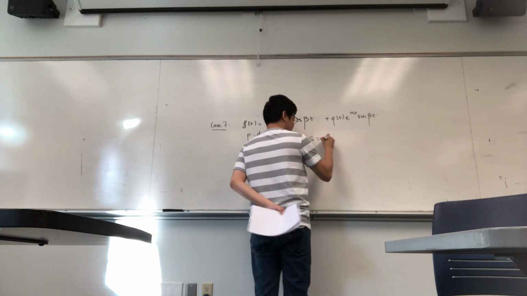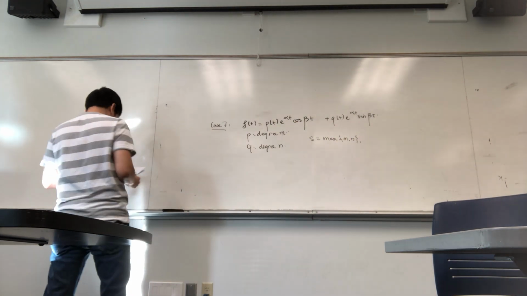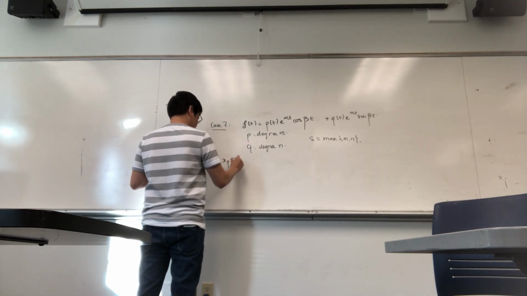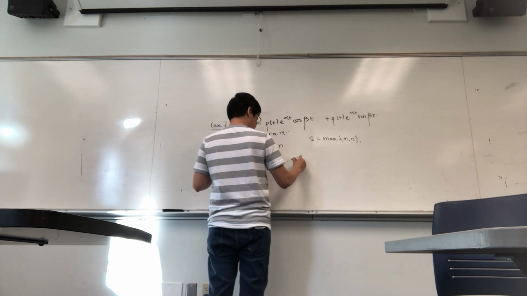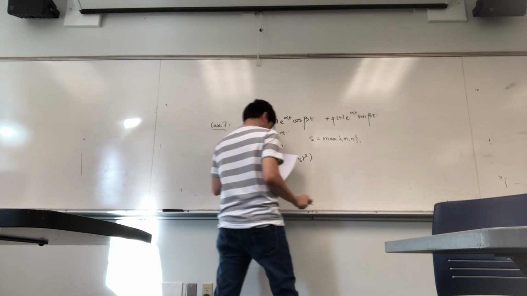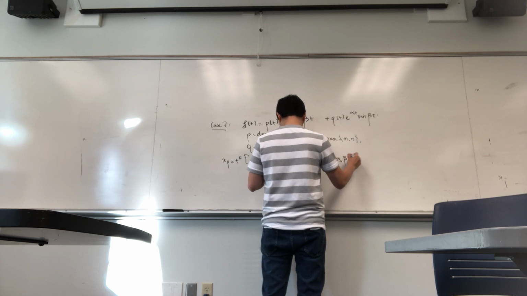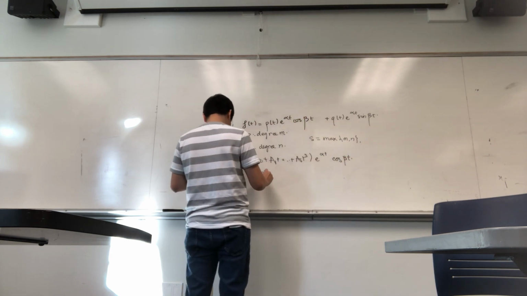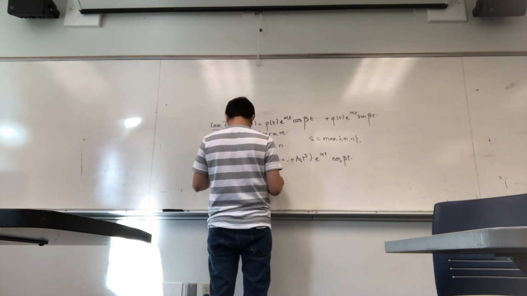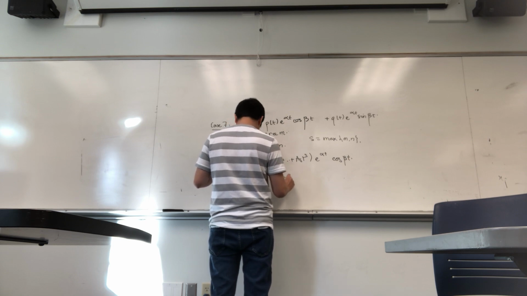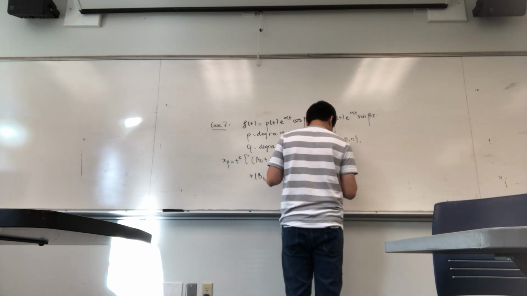So s will be the max of m and n, and x_p will be t^k times (A0 plus A1 t up to As t^s) e^(alpha t) cosine of beta t, plus (B0 plus B1 t plus up to Bs t^s) e^(alpha t) sine of beta t.